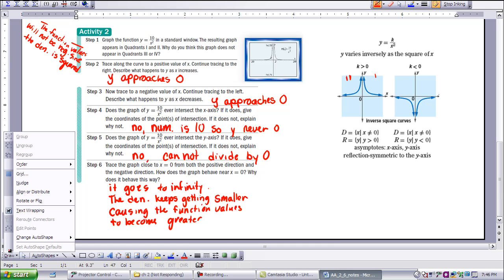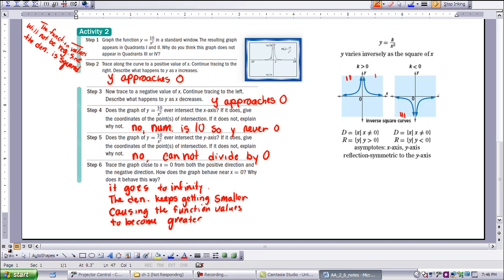And same thing when k is less than 0, now it lands in quadrants 3 and 4. Our domain is still all reals except for 0 because it's never going to hit that y-axis.